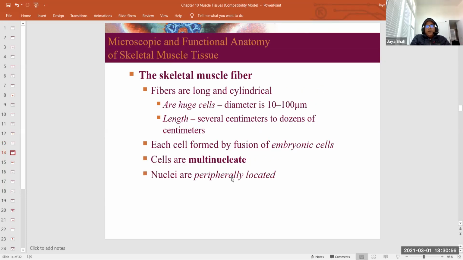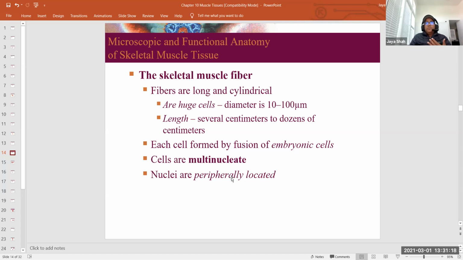Now the microscopic and functional anatomy of skeletal muscle tissue. So microscopic anatomy means we're going to go inside the muscle cell and see the details of the muscle. Like any cell, muscle cells are also cells.